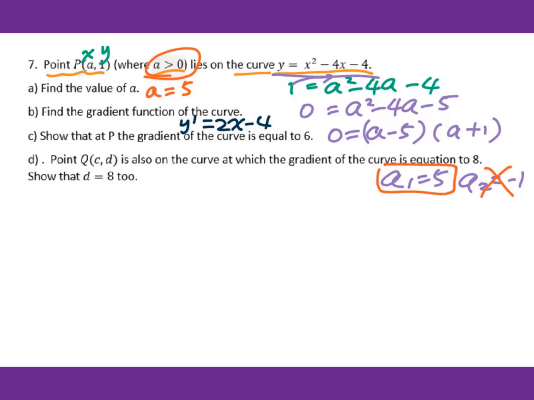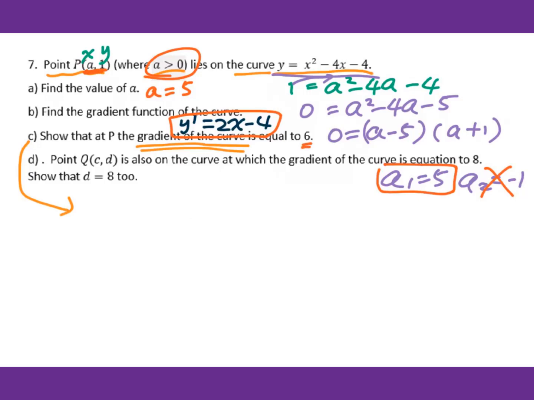Look at C. Show that at P, the gradient of the curve is 6. When you see gradient of a curve, you have to use this gradient function. We plug in x, that's a equals 5. Then we try to get the 6.